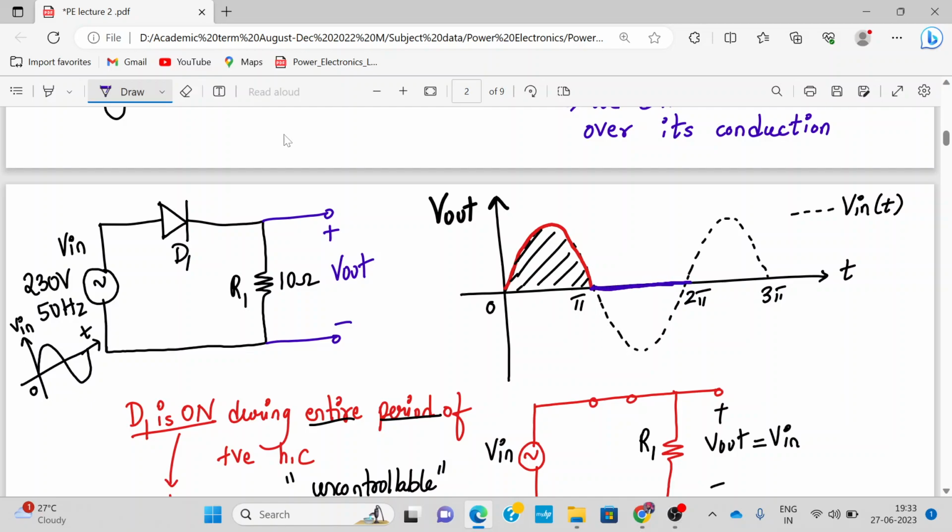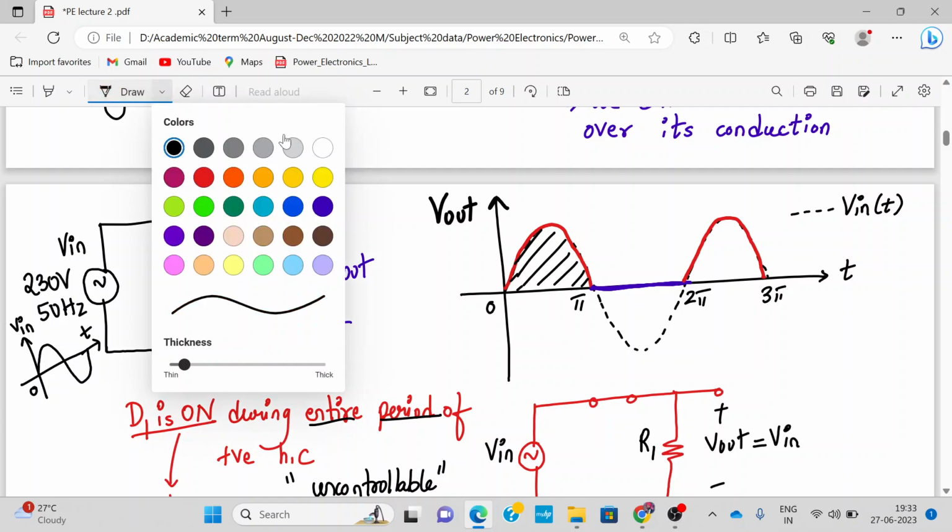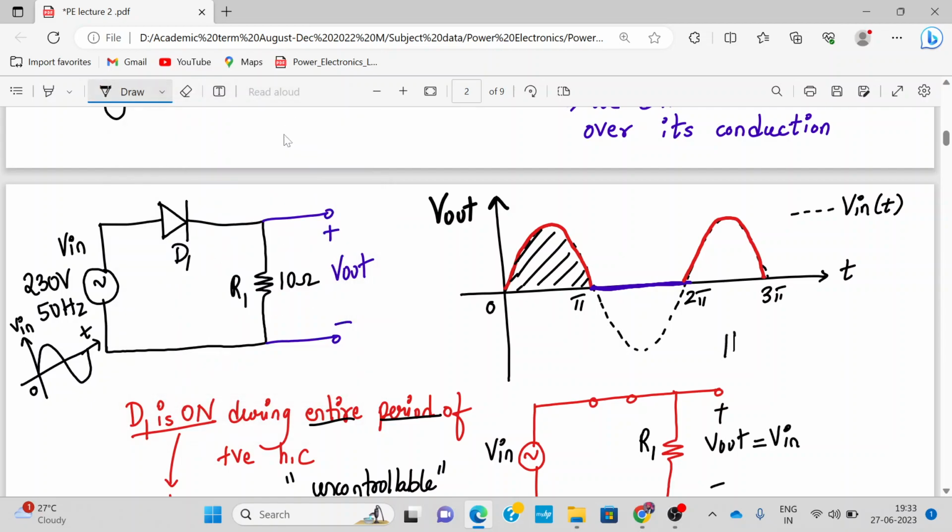So the output waveform is 0. Since it's a periodic signal, this will repeat again. During the positive half cycle, the output will follow the input, and during the next half cycle, it will again become 0. So this is my output of a half wave rectifier. This is the half wave rectifier output.